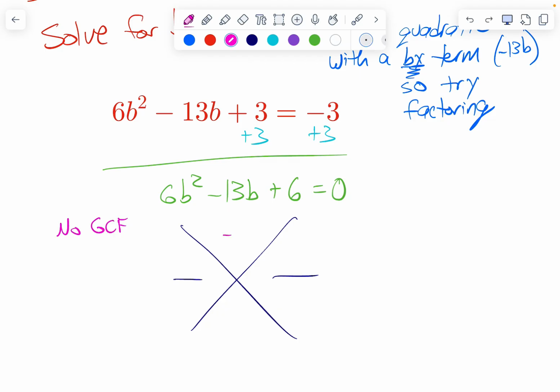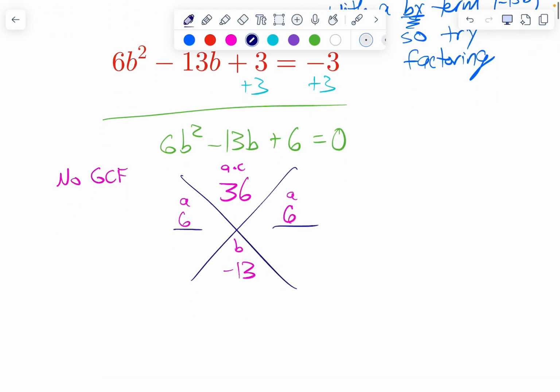This is positive, so 36 is A times C here at the top. What goes at the bottom? Negative 13, so B. A is 6, and it goes on the sides.